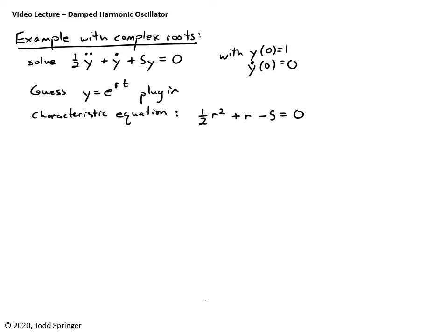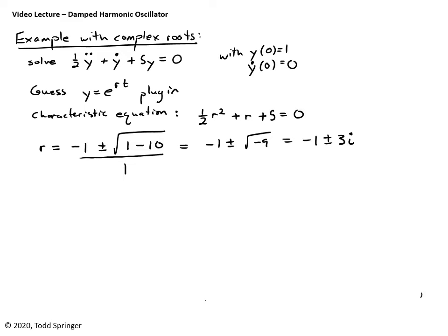So there's the equation that you get. And then, whoops, so it'd be a plus. And then let's solve that equation very quickly. So that's what happens when you solve the quadratic equation. You can see there's two roots here, r1 and r2, and they're complex conjugates of each other, minus 1 plus 3i, minus 1 minus 3i.